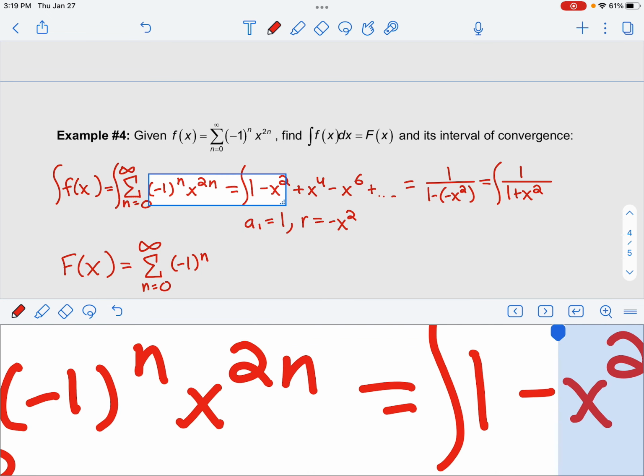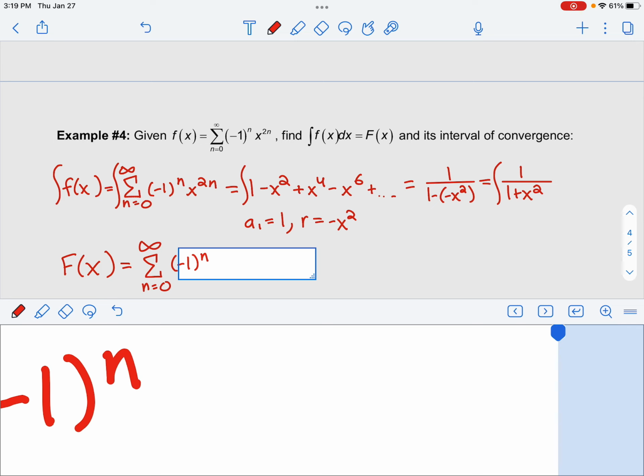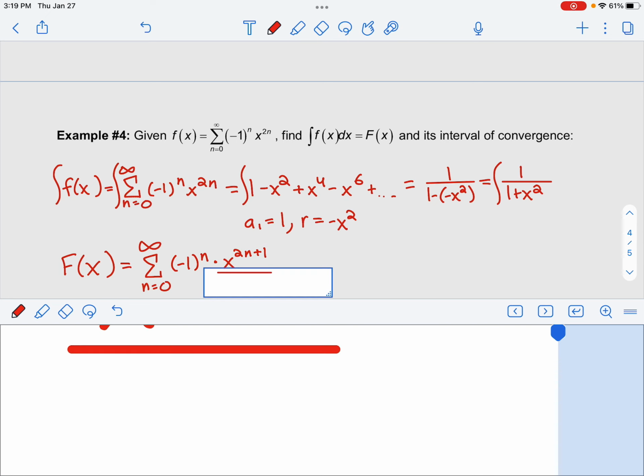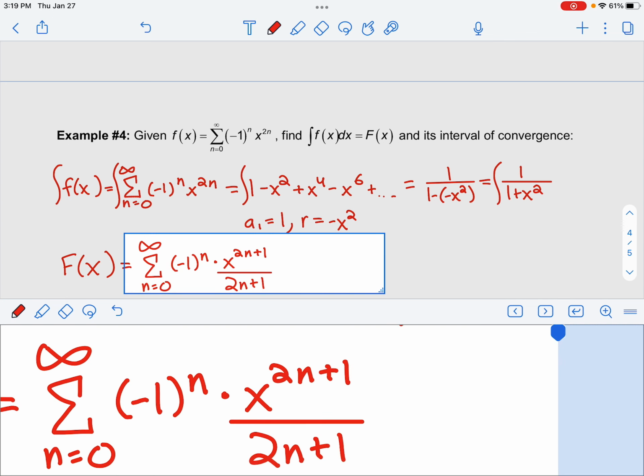So what's going to happen with x to the 2n? What do we do when we have a power? Well, we add 1 to that power, so it's x to the 2n plus 1. But then remember, we also have to divide by our new exponent, so it's all over 2n plus 1.